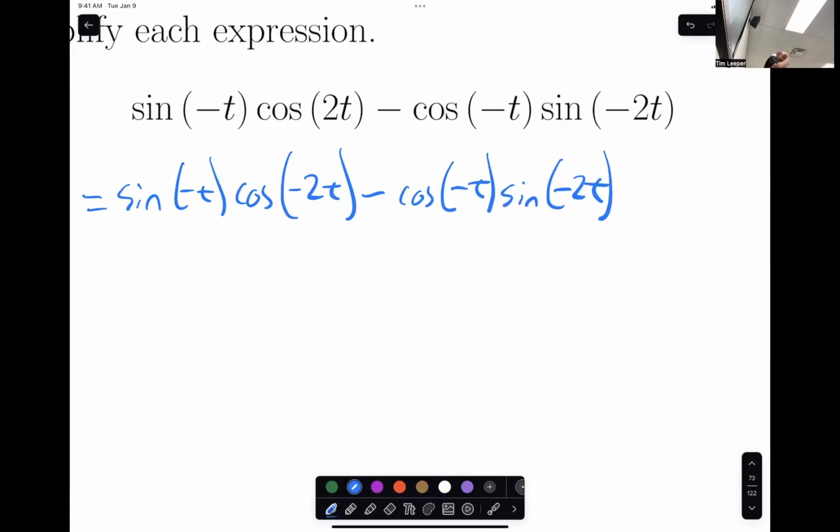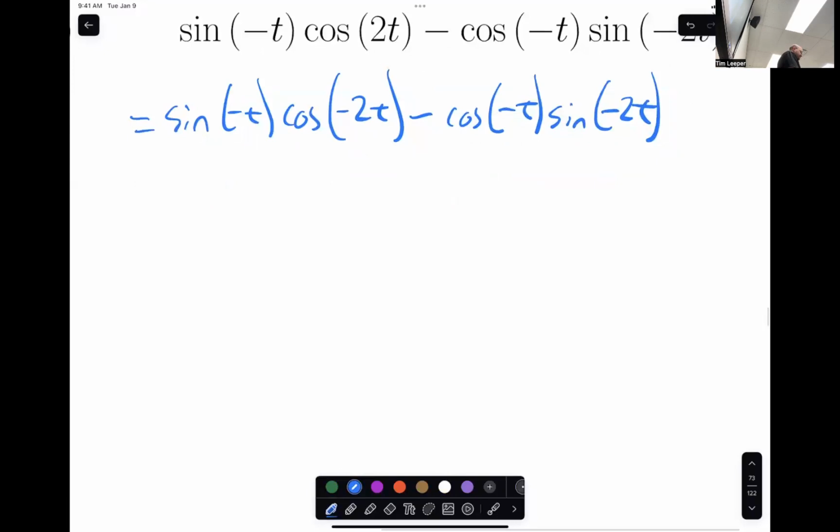So the first arguments in both of the terms are now negative t, and both arguments in the second two factors are negative 2t. So notice that sine and cosine, cosine and sine, that is a sine identity. This will be sine of something. I'm going to write down the first argument, which is negative t, and write down the second argument, negative 2t.